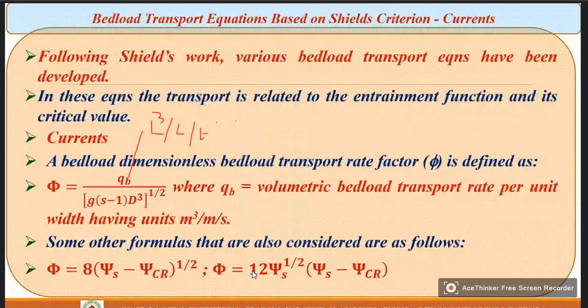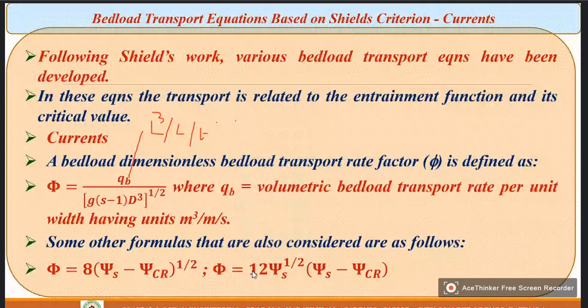G will have dimensions of L T to the power of minus 2.